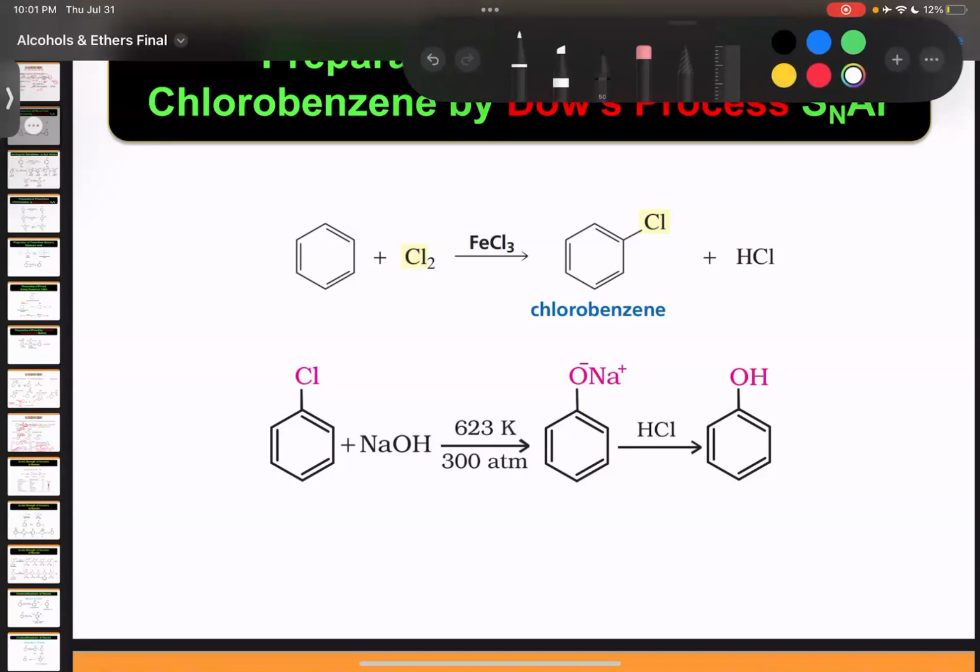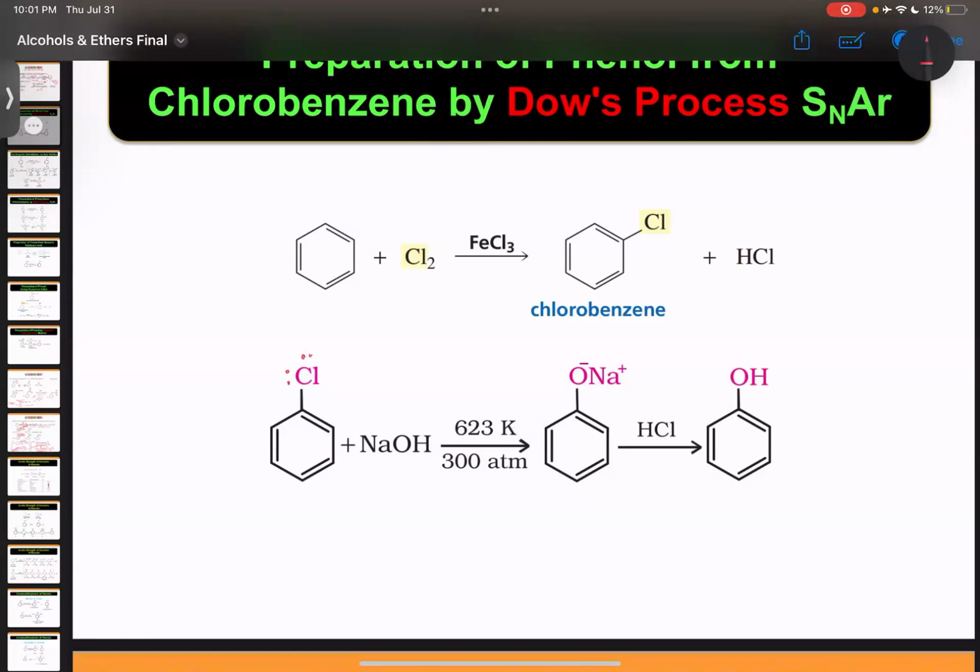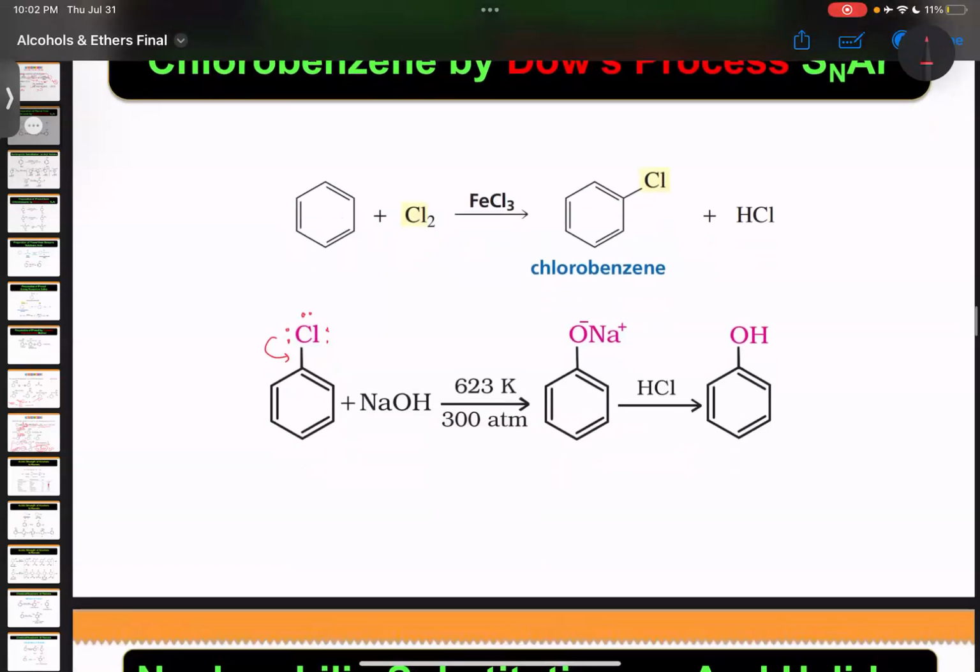Just a second. There are lone pairs on the chlorine. Got it? And these lone pairs overlap with the pi electrons. Right? Is it clear? Yes, sir. So this carbon-chlorine bond has a double bond character.